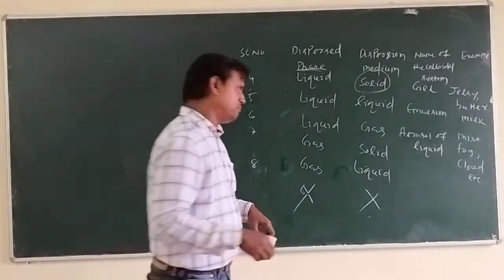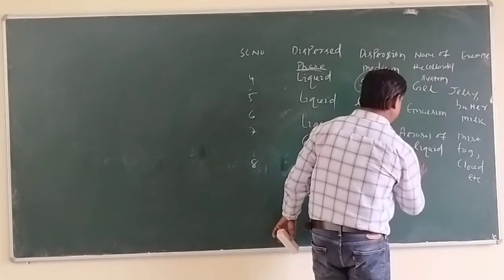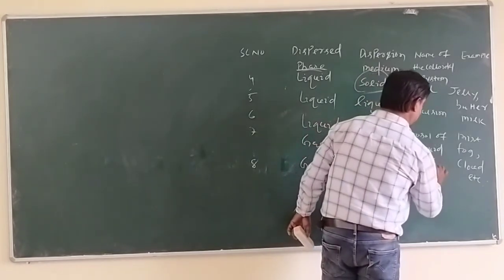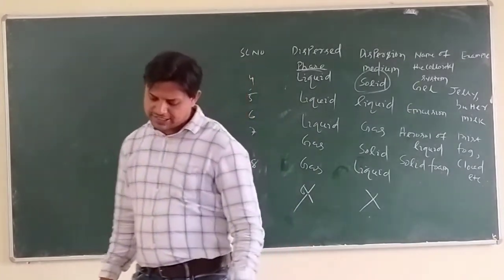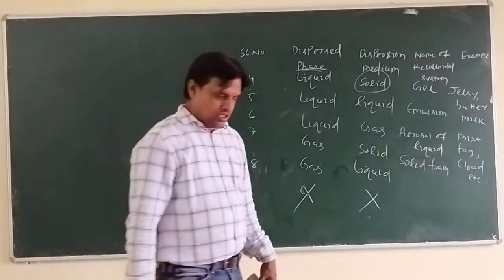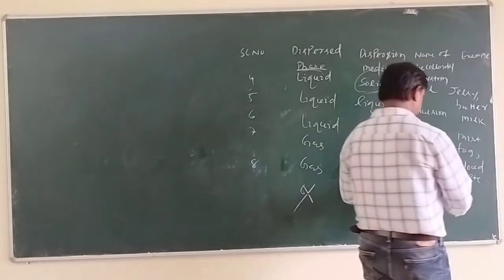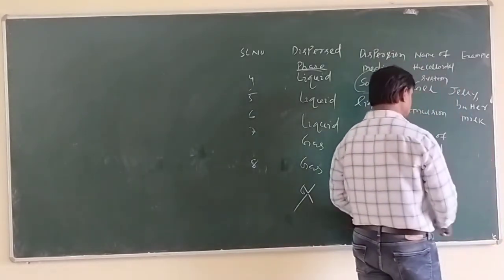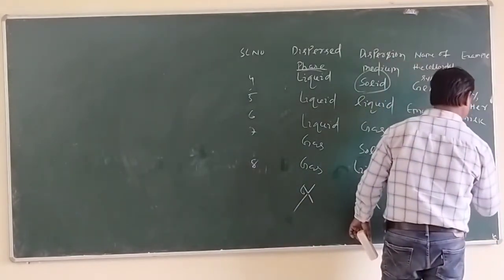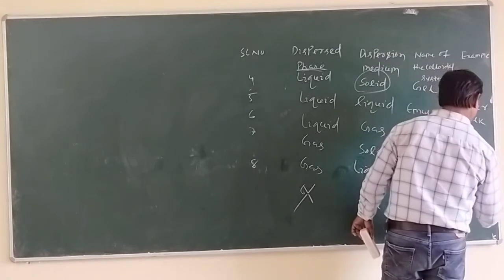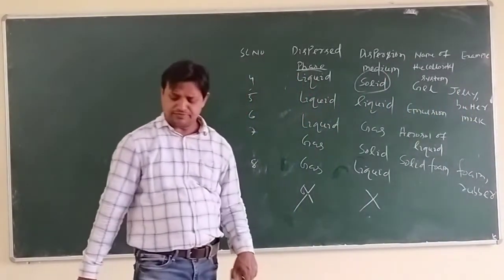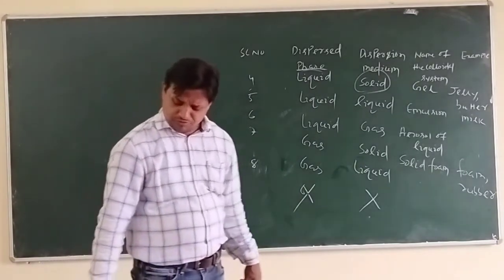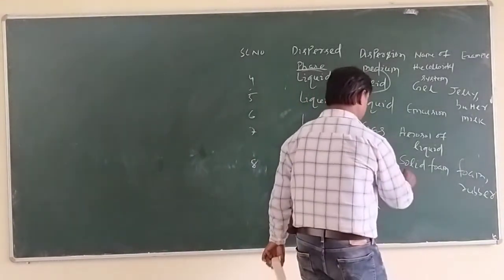Gas solid is a solid form. Example of gas and solid is foam and rubber. Then gas liquid is foam or froth.